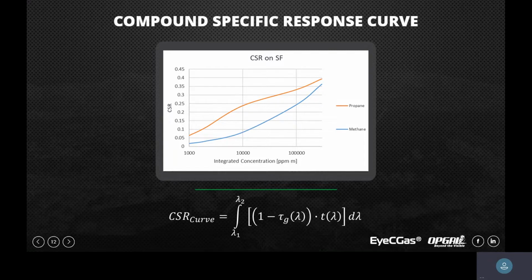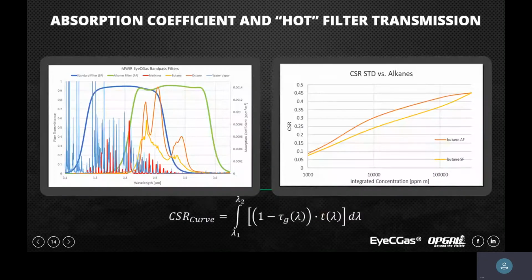And let me tell you, this concentration is a log scale, because as it fills up the filter, as I showed in the previous graph, each compound is filling it in a different way. So that's the calibration curve. If we measure this CSR, we can calibrate it to concentration when we measure. Okay.